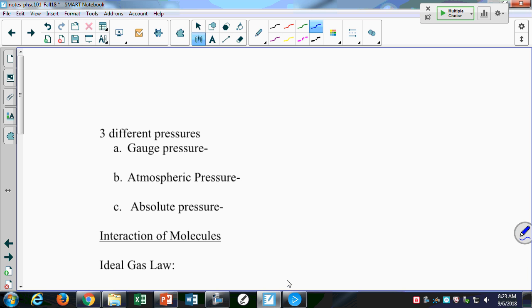The gauge pressure is the pressure reading on the gauge. That's what you measure when you measure the pressure in your tires. Though it's a little misleading because, if you have a flat tire, you say, I got no pressure in this tire. But that's not really true, because you still have a full atmosphere, a full 100,000 newtons per square meter inside of your tire.